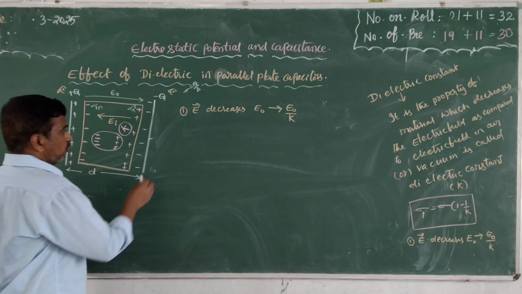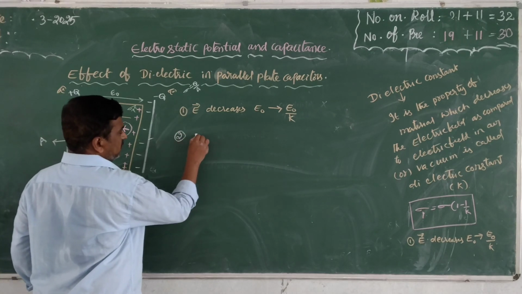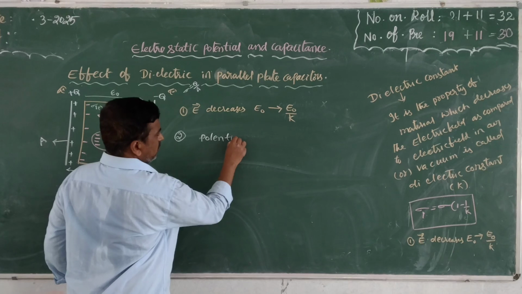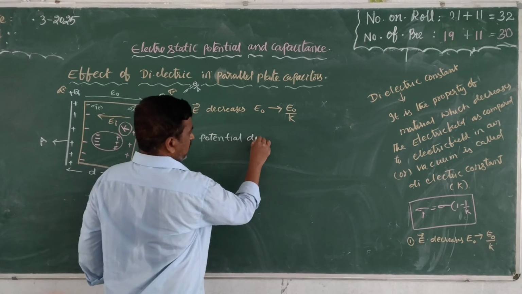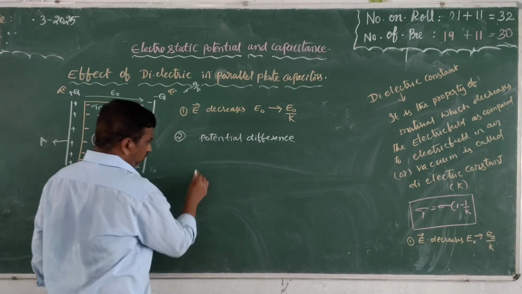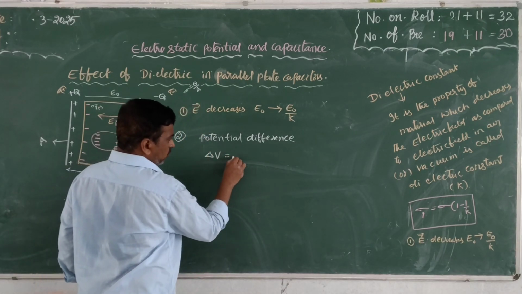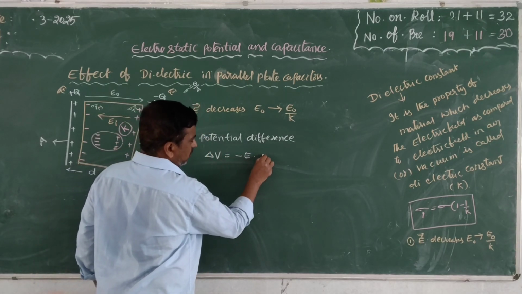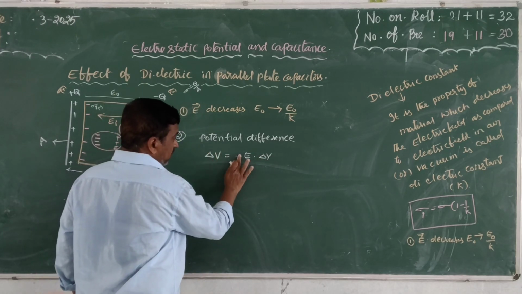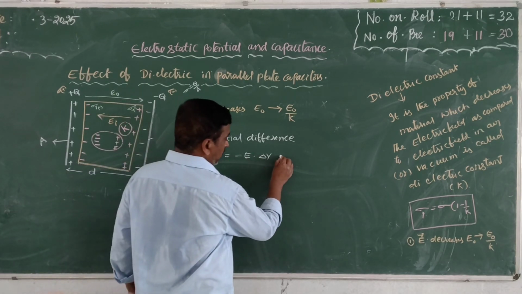Now, what about the potential difference? The formula is delta V equal to minus E dot delta R. We can take the magnitude, so the minus is not needed.